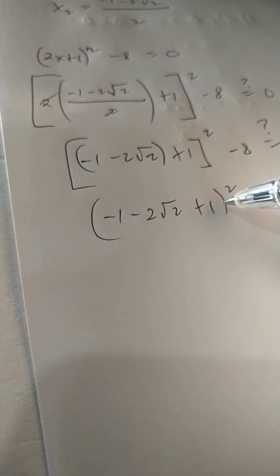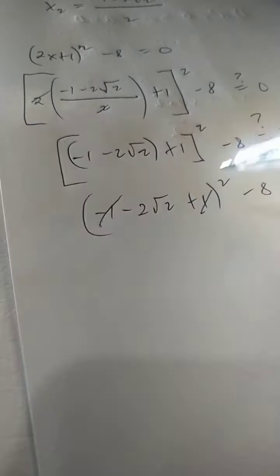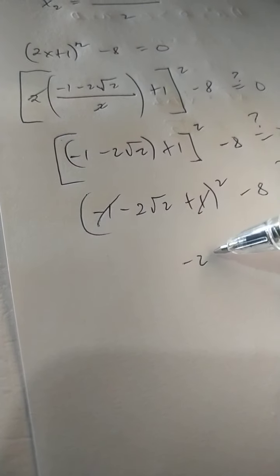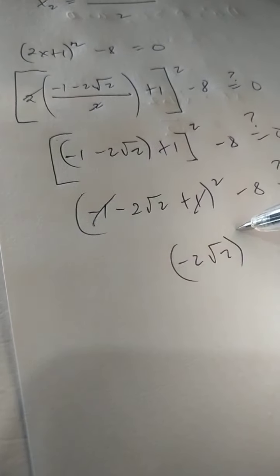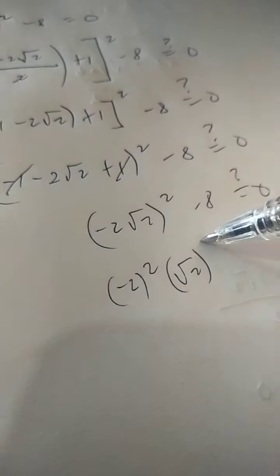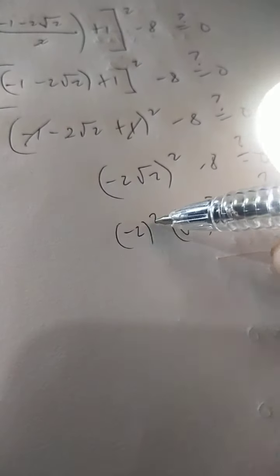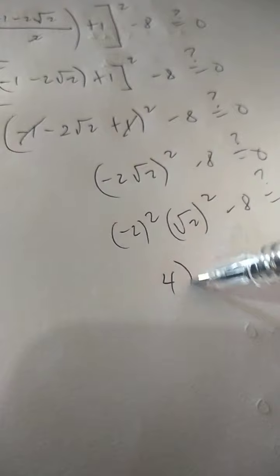Negative 1 plus positive plus 1 is 0. So, we simply cancel it. What is left? We have negative 2 square root of 2 square minus 8 is equal to 0. Then, i-distribute natin yan yung exponent sa taas. The square of negative 2 is positive 4.